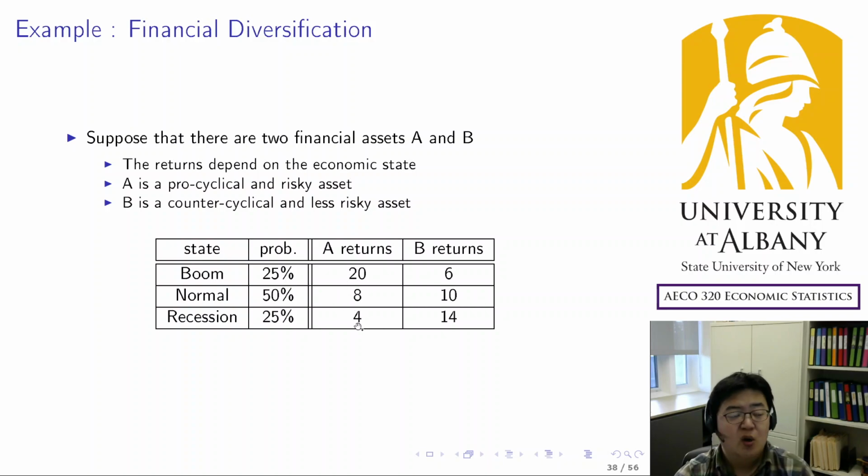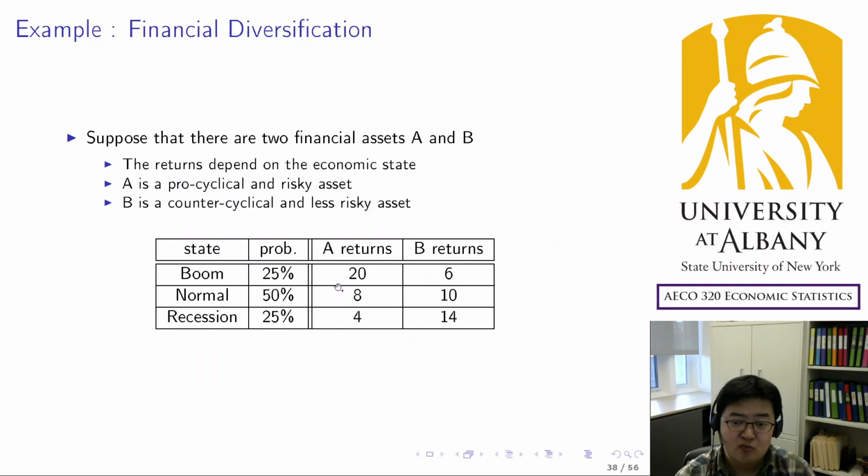Or you can put it as $20, $20,000, or $20 million. It does not matter, you can put any unit there. On the other hand, asset B returns 6, 10, 14. So the highest return is given in recession and the lowest return in boom.